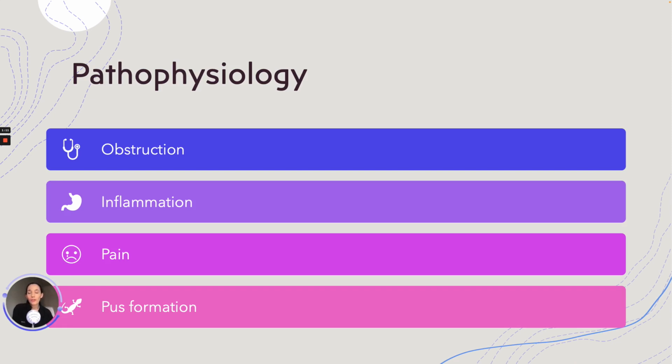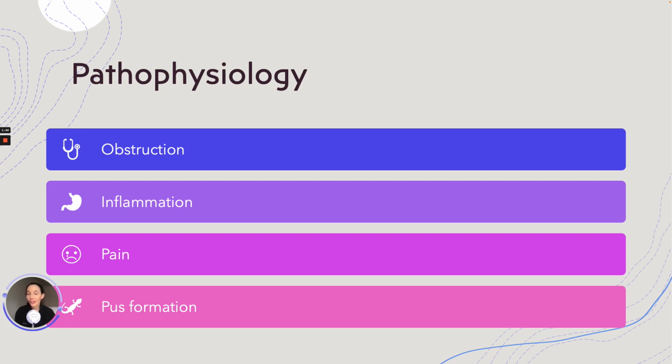So the pathophysiology of appendicitis is first an obstruction. The appendix becomes inflamed as a result of becoming kinked or occluded by a tumor or foreign body, and it increases the pressure, initiating a progressively severe, generalized, and periumbilical pain.